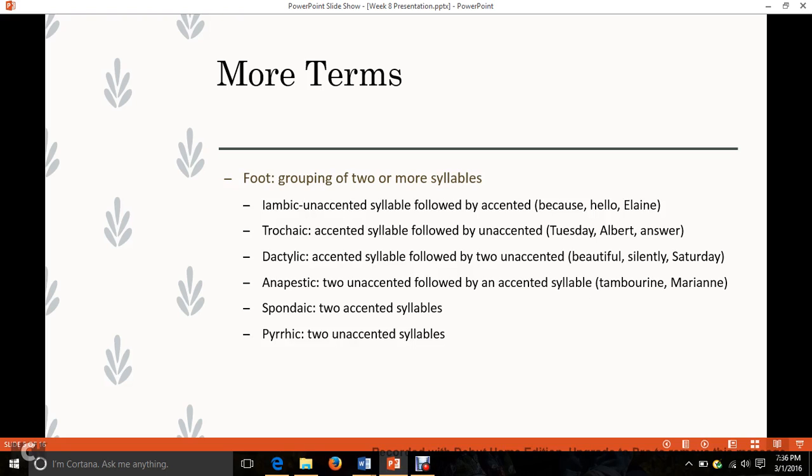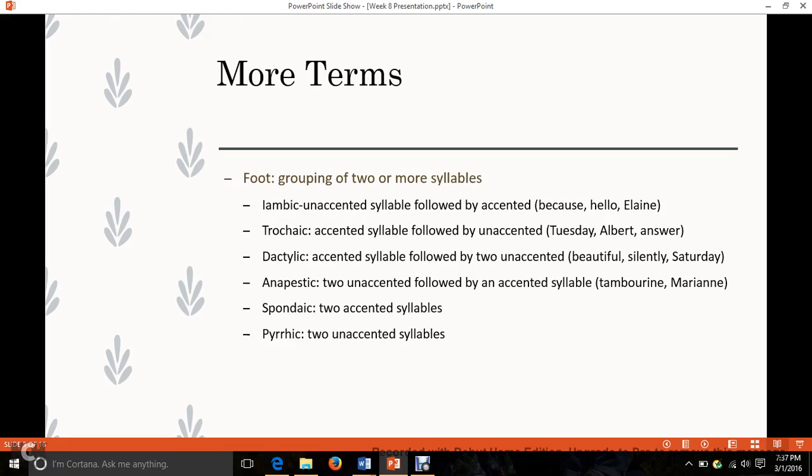Keep in mind that because is its own foot. It's a group of two syllables together, and it's an iambic foot because the first syllable is unaccented and the second syllable is accented. So the same thing with hello, Elaine. All of those are iambic feet, per se.